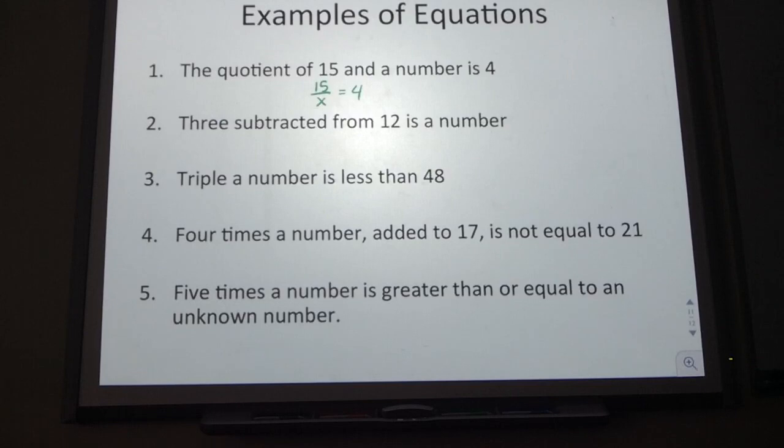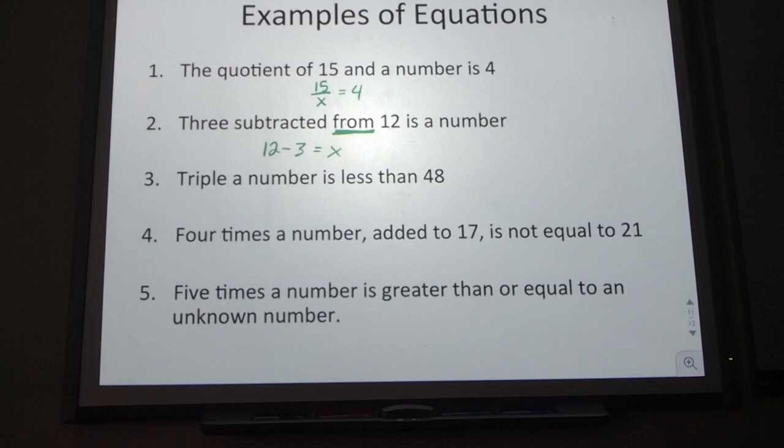Okay, up next. 3 subtracted from 12. That word from, that's what confuses some of us. What did we have first? 3 or 12? 12. So 3 subtracted from that 12 is a number. And that one's a pretty easy solve right there.